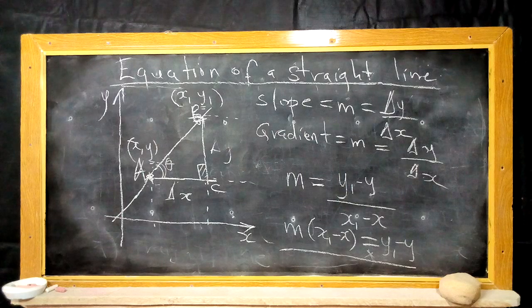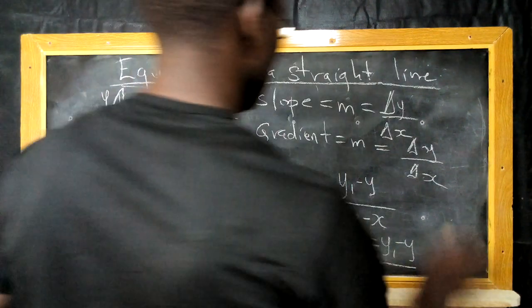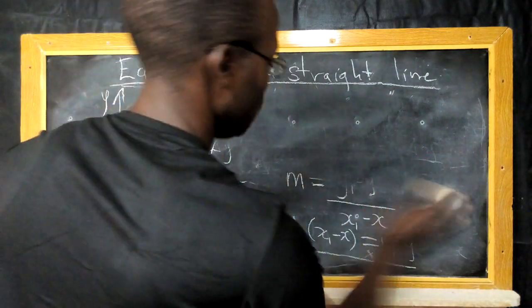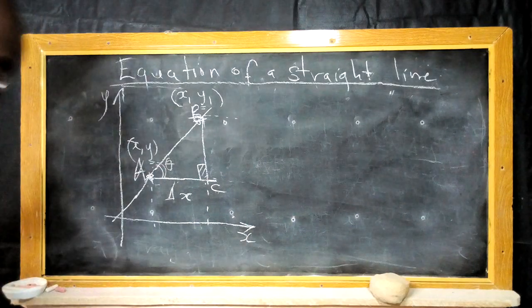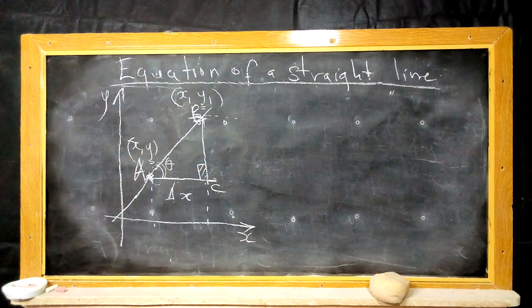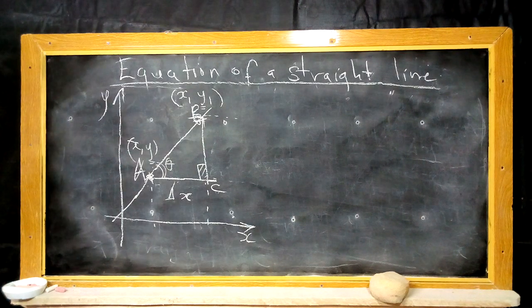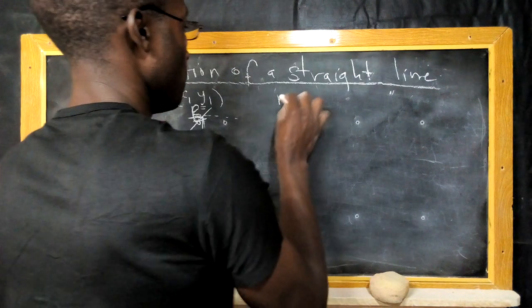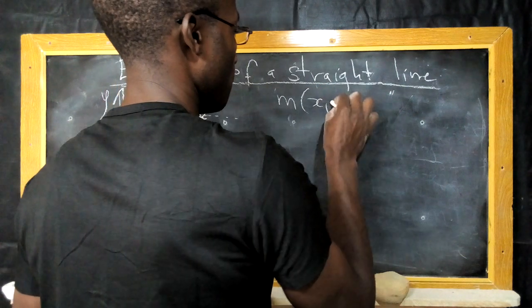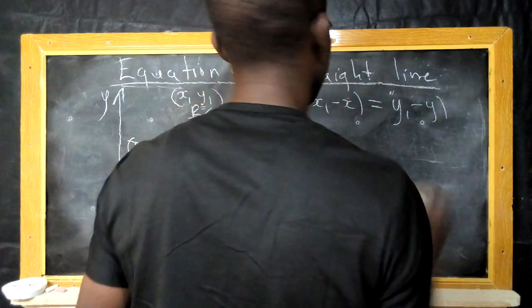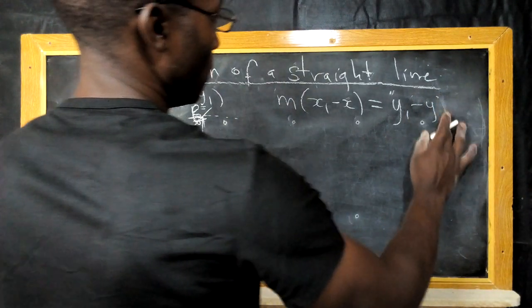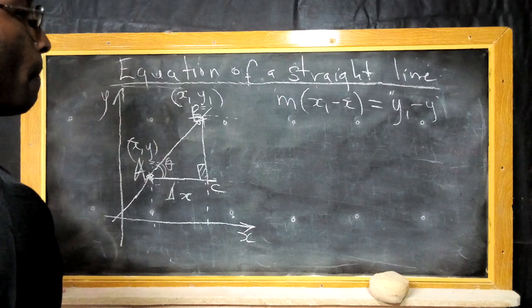There's something that I'd like us to mention before we move on. So the equation that I've written down there, m into (x1 minus x) is equals y1 minus y, as we said, can demonstrate the equation of a straight line.